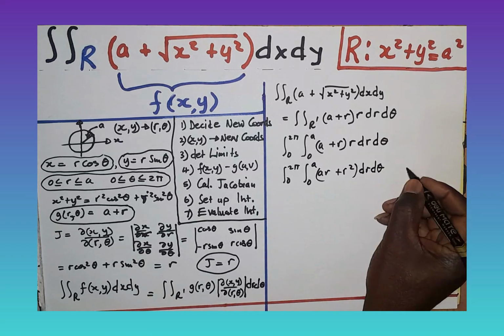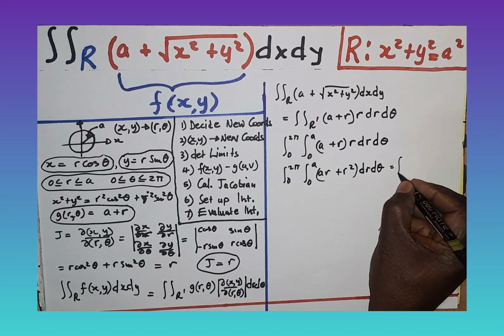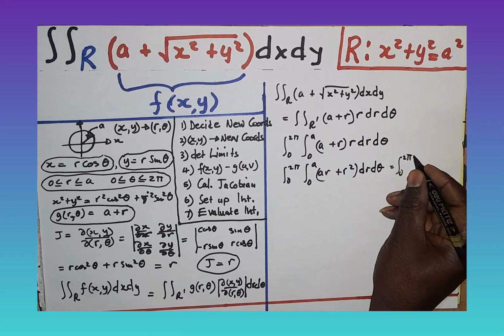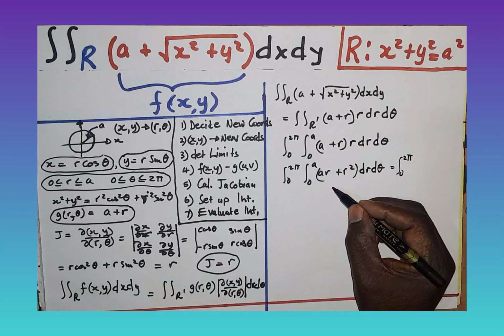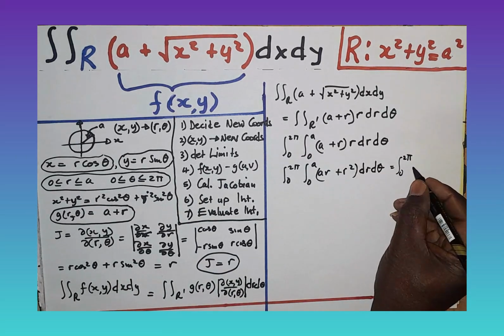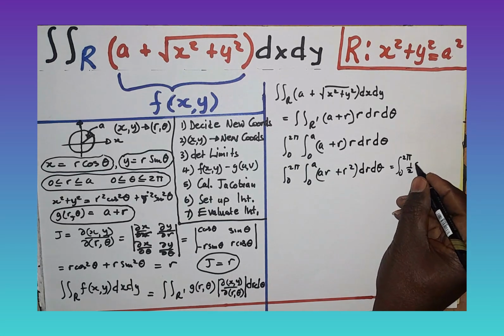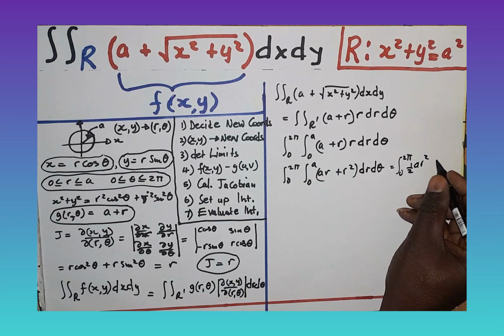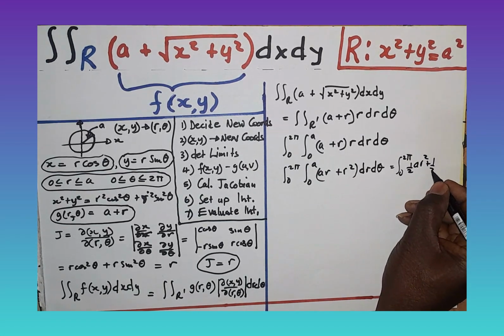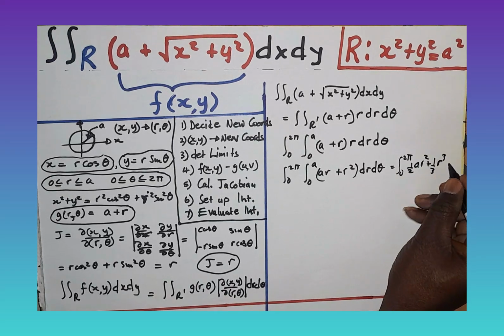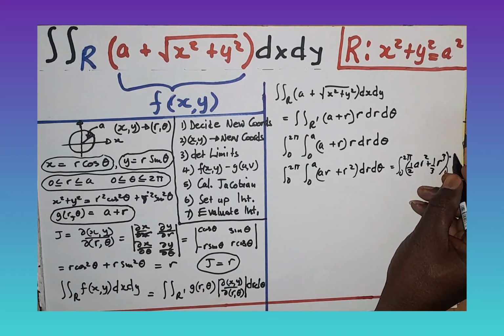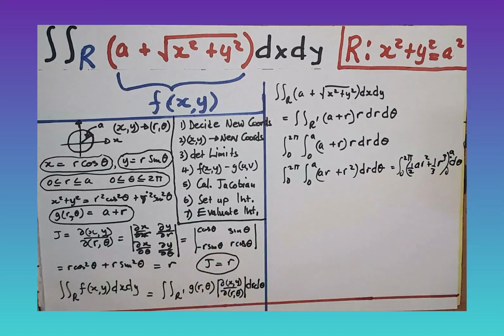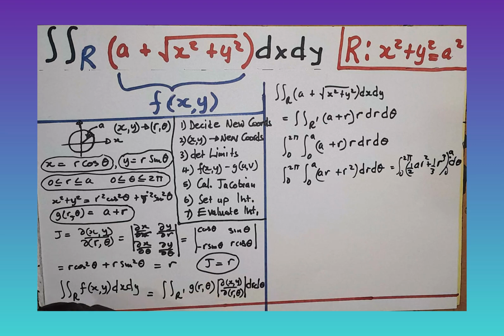This, of course, can be simplified to the integral from 0 to 2 pi. When we now integrate with respect to dr, we have one half a r squared plus 1 over 3 r cubed from 0 up to a, d theta. I'm rather writing awkwardly there. Let me come over here.